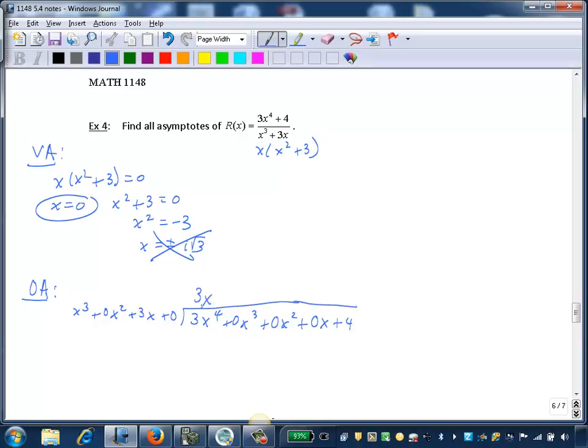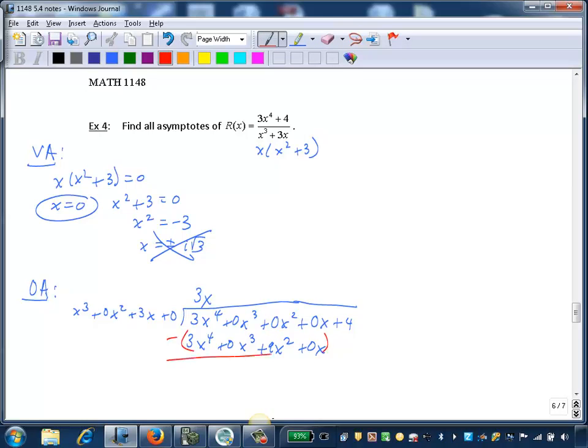We'll get 3x. We'll multiply down: 3x times x cubed, 3x to the fourth. 3x times all those zeros, so this will be 0x cubed. Then we have 3x times 3x, which will give us 9x squared. And then we've got 3x times 0 again, so we've got 0x.